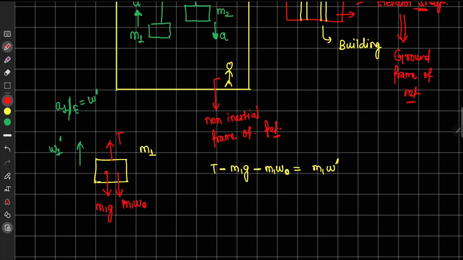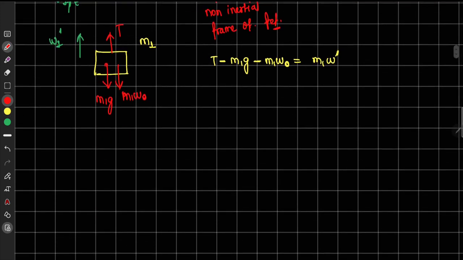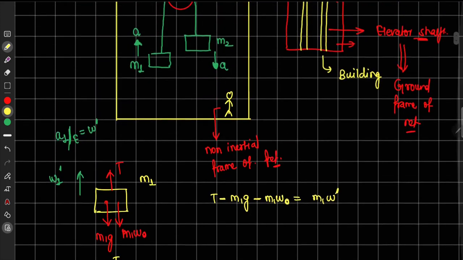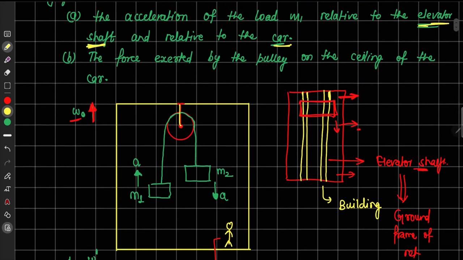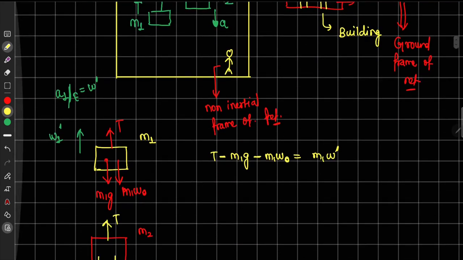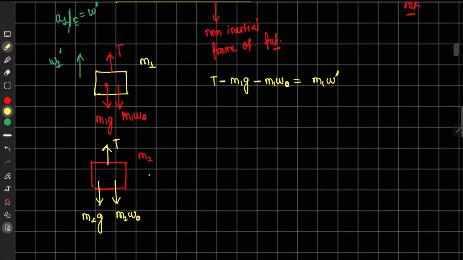Now let us draw the free body diagram of mass m2. So this is mass m2, and we will have the tension force in the upward direction, the gravitational force m2g in the downward direction, and m2 into w naught in the downward direction, as we are having the acceleration of the elevator car in the upward direction, and it is moving in this particular direction with the acceleration of w dash.